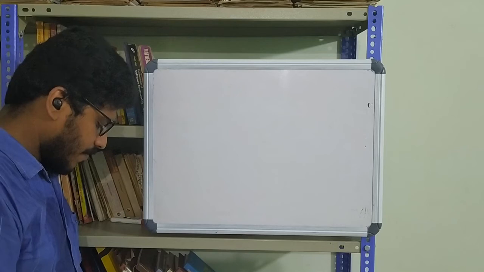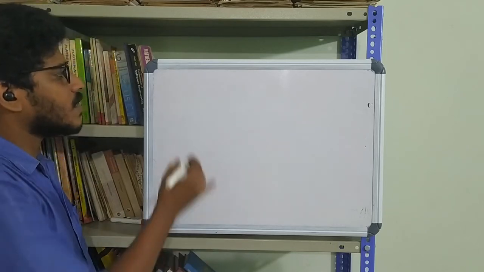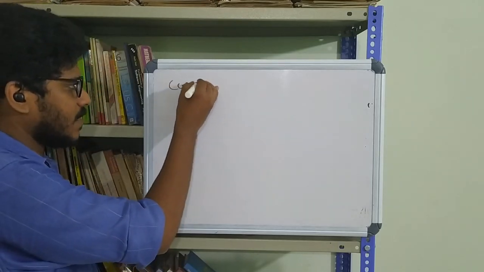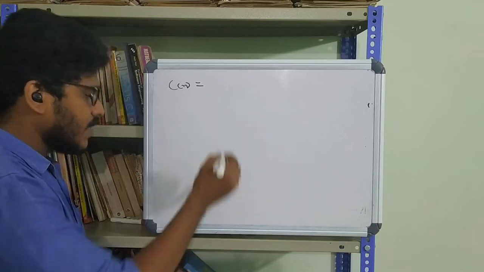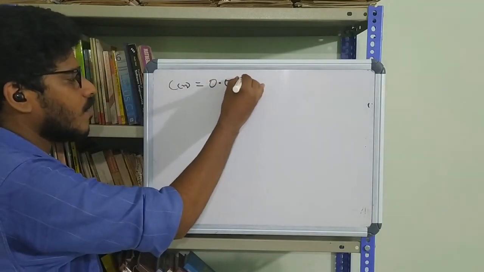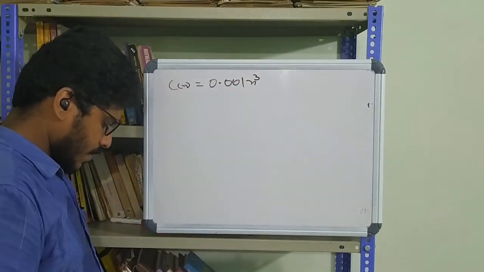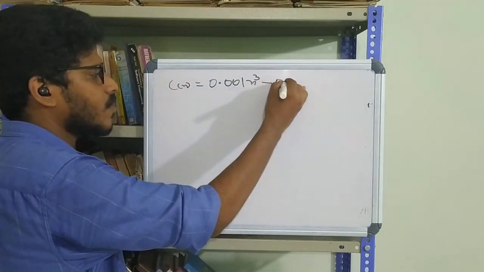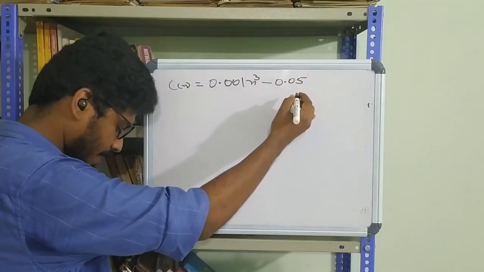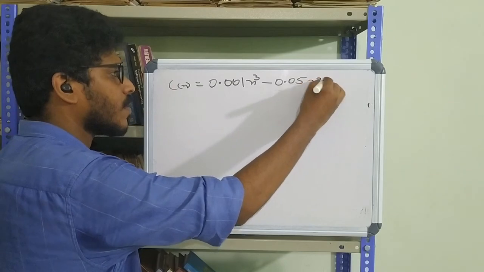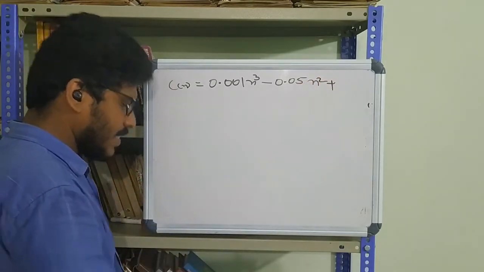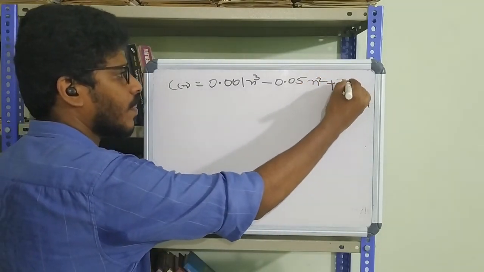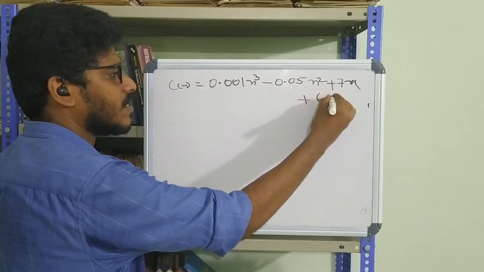For now, suppose we have a firm with the total cost function C of x equal to 0.001 x cube minus 0.05 x square plus 7x plus 6500.